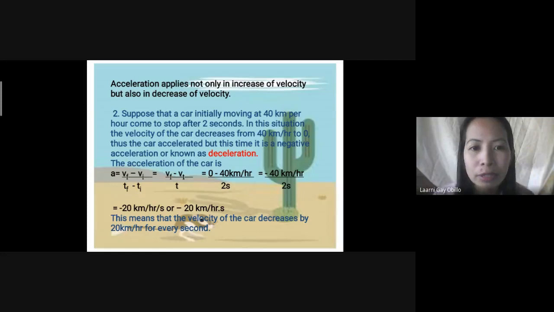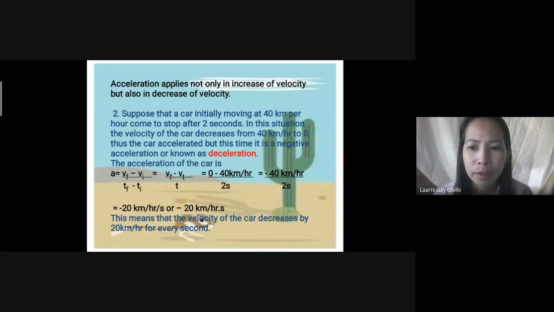Okay, Miguel, pakibasa yung number 2. Paki-on yung mic, pakibasa yung number 2. Parang hindi ka namin naririnig.